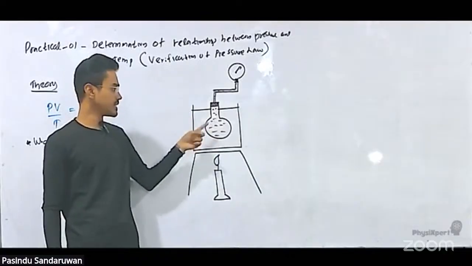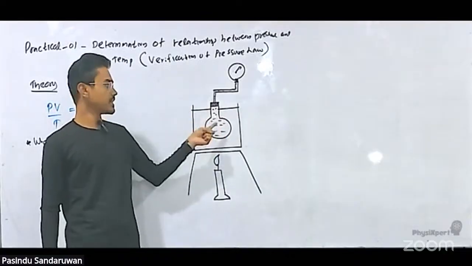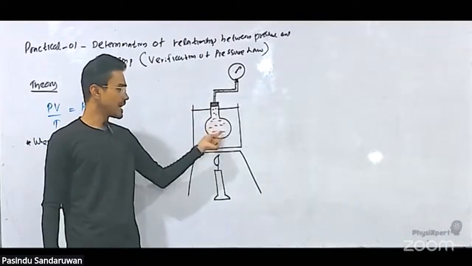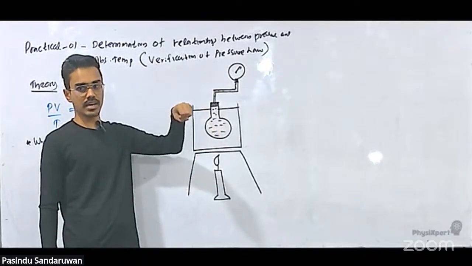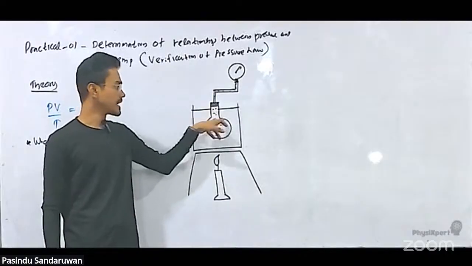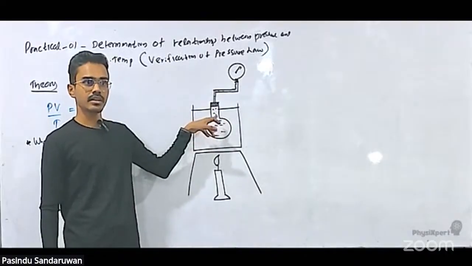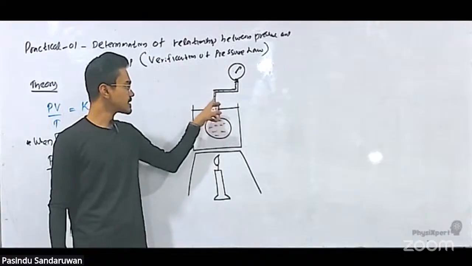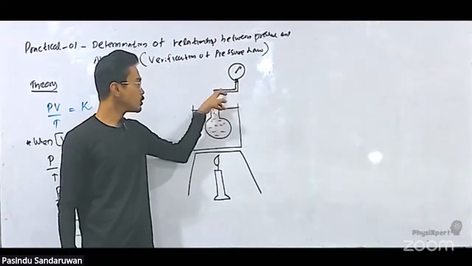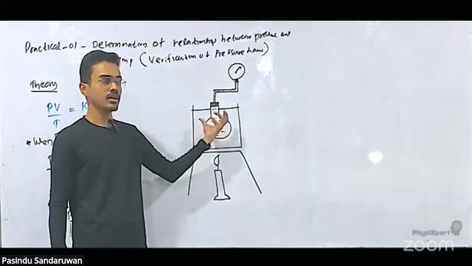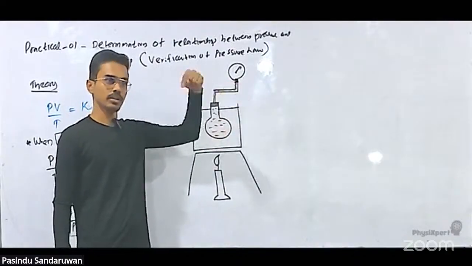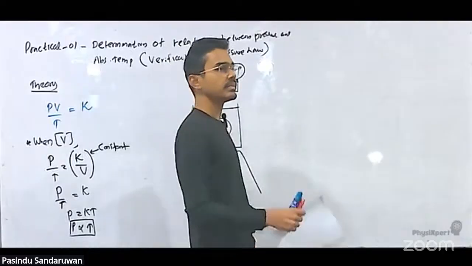When the water gets heated, because of the thermal conductivity of the glass, the gas inside gets the heat. The gas does not get direct heat from the flask, so a small error comes in. To minimize that error, we are using a capillary tube.